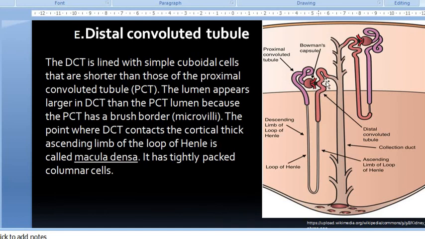So this part is called macula densa, and the cells present in this part of the DCT are called macula densa cells. They are tightly packed columnar cells.